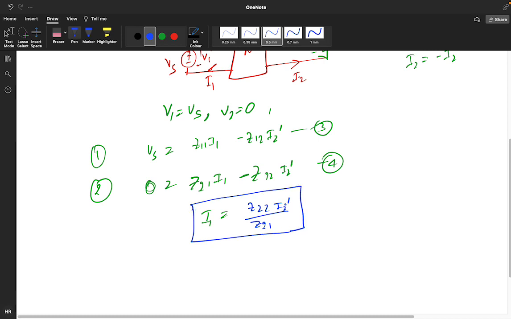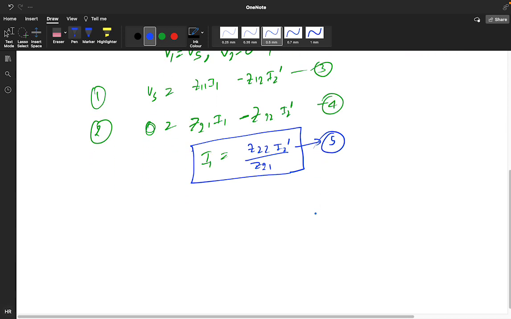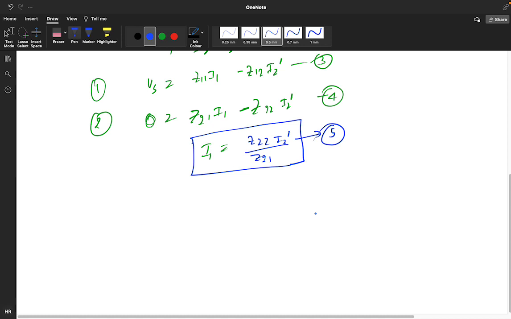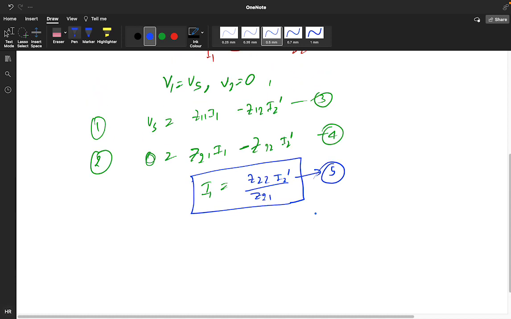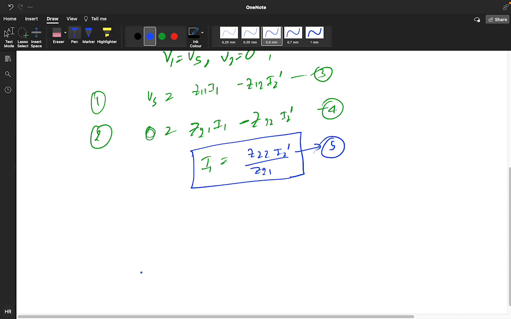Take this as equation 5. With the help of equation 5, substitute the value here. Vs is equal to the I1 value.